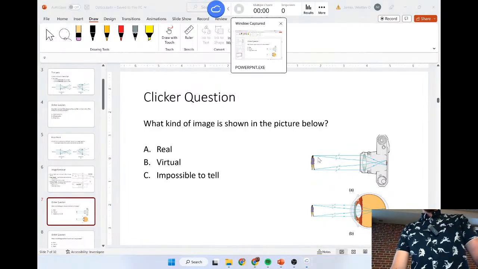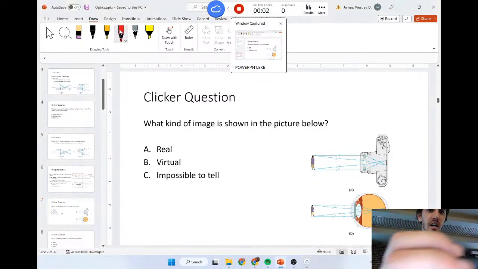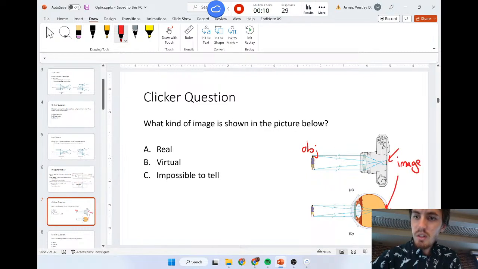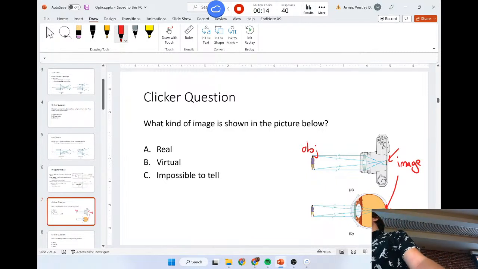So for those online, the object is the real physical person. The image is the one right here. Is it real or is it virtual? It's kind of hard to see, but there's a tiny little person that's upside down there. Is that real, virtual, or impossible to tell?